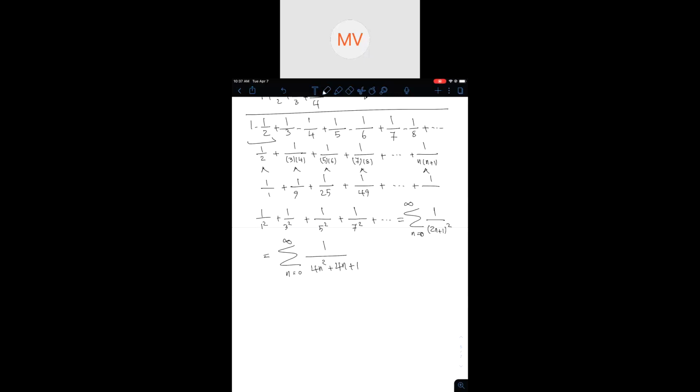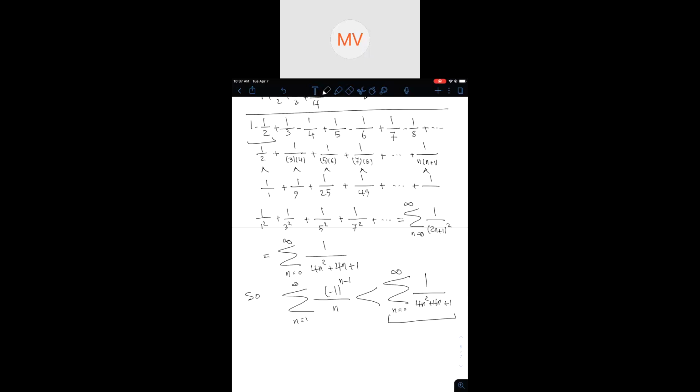Okay, so we can say this one, we got negative 1 to the n minus 1 over n. So we proved it is less than or equal to 1 over 4n squared plus 4n plus 1, and starting from 0 to infinity. Same thing, and starting from 1 to infinity. Now, so this is a smaller.